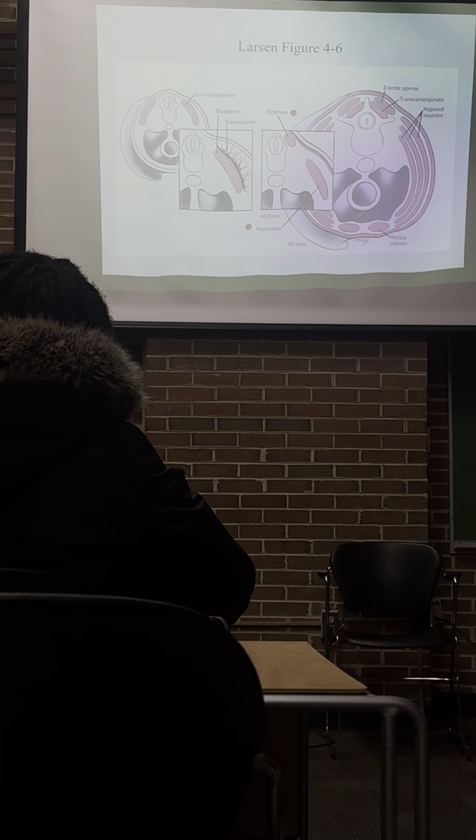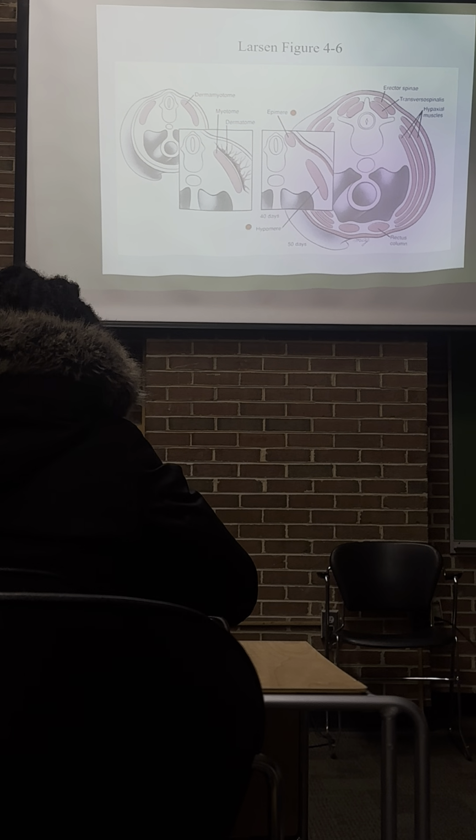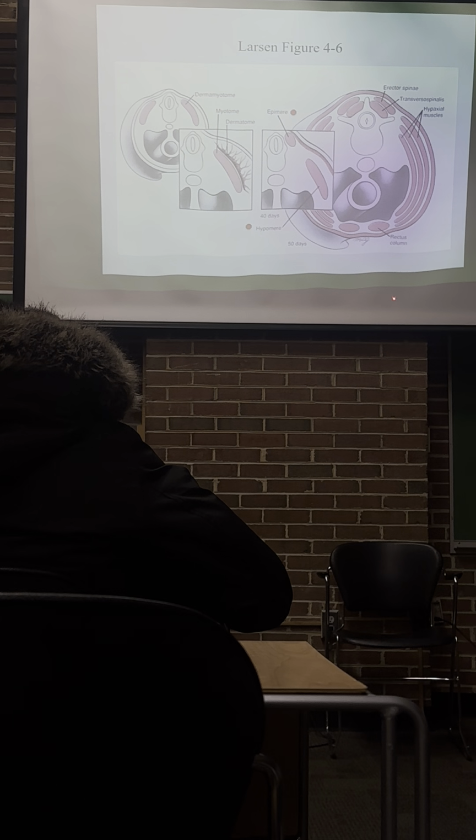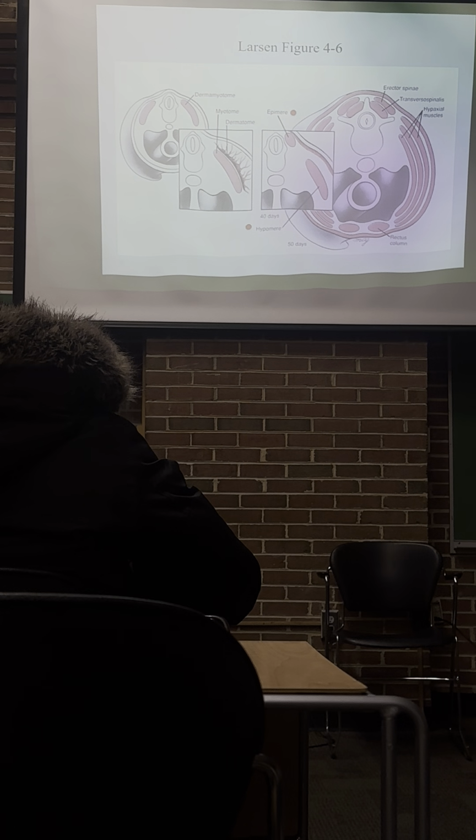So, what primary rami innervate the epimere? Dorsal primary rami. That should be laser etched in your brain. Okay, after all the time we spent on ventral primary rami and dorsal primary rami. So the hypomere here is representing muscles of the appendicular skeleton, the body wall, both anterior, laterally, and posteriorly, and then the superficial intermediate muscles in the back.